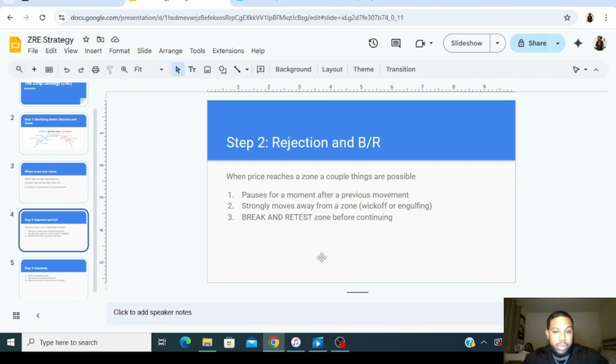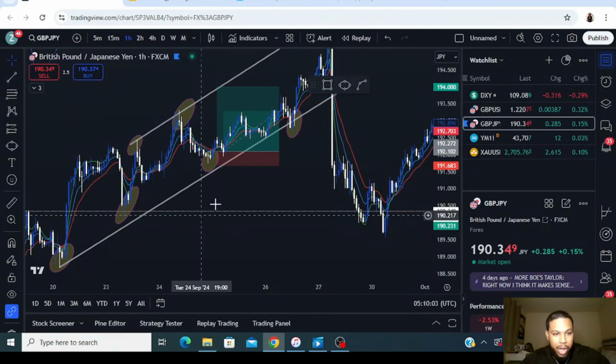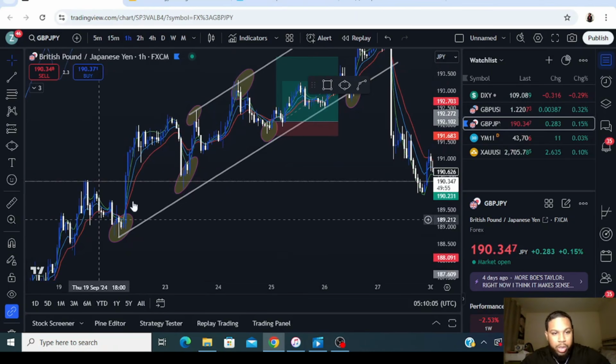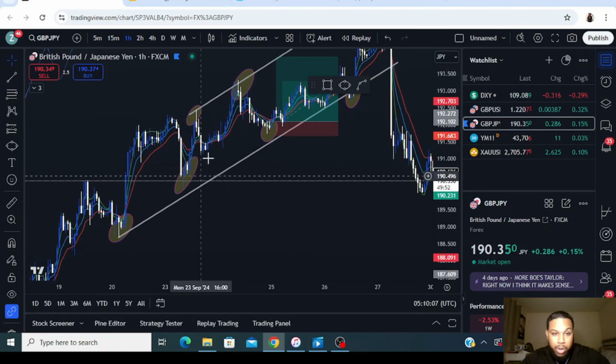So the next step is to go ahead and find the rejection. Once you know if you're buying, selling, or looking for both, you just want to look for a simple rejection off of the trend or a rejection off of the zone, right? You got many options. If you're buying, you want to look for rejection at the lower of the trend.